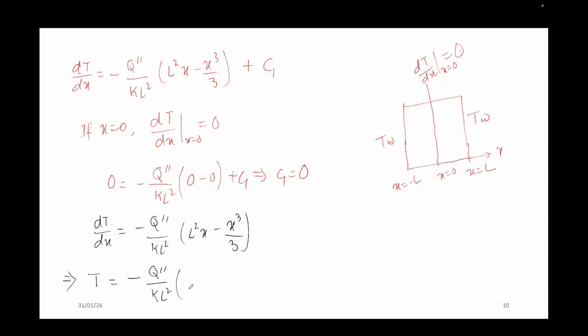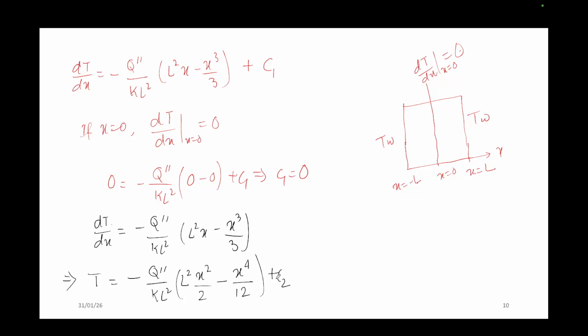Integration of this one, just tell. X minus, 3 is there, 12, right? Plus C2. Is it okay?